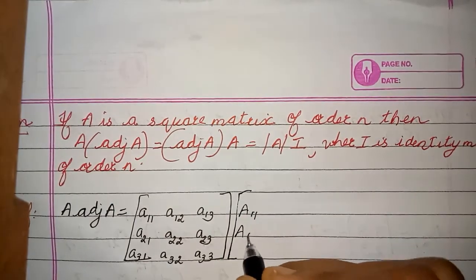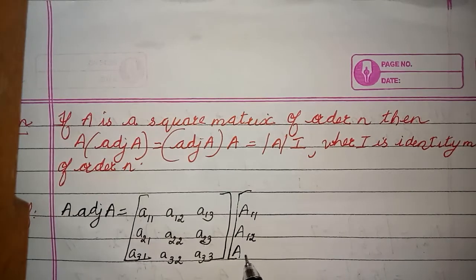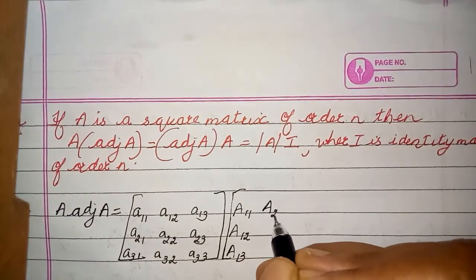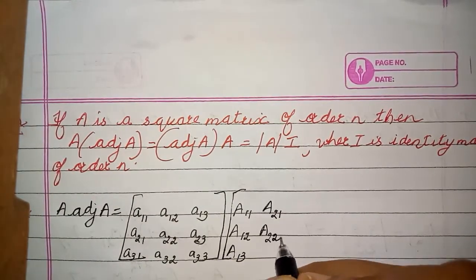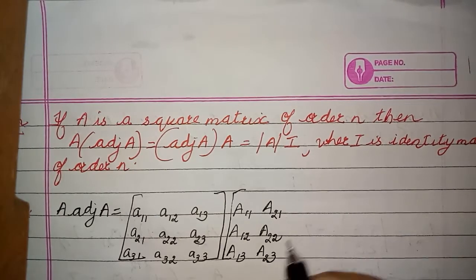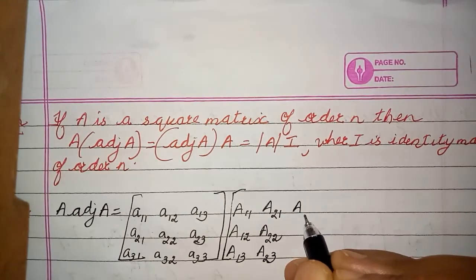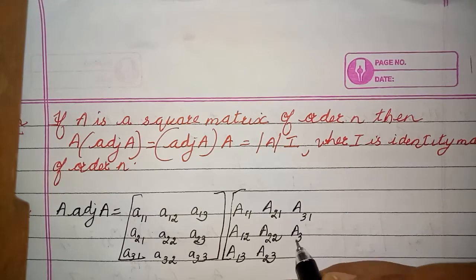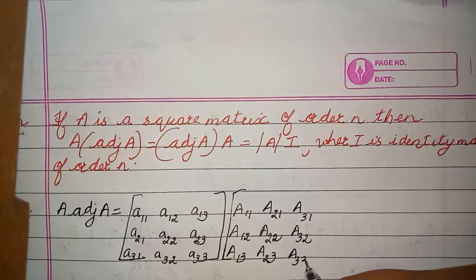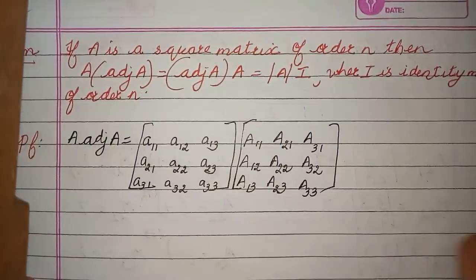Transpose of cofactor matrix. So this time row will be written like this, because it is transpose of the cofactor matrix. A31, A32 and A33. Is that clear, children?